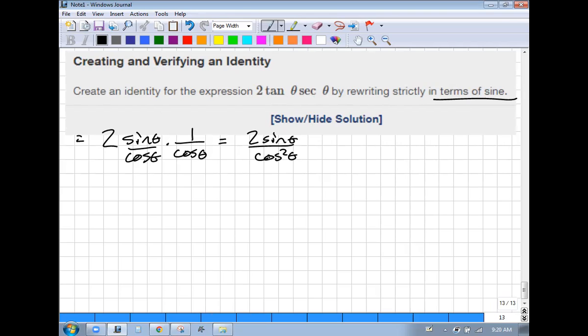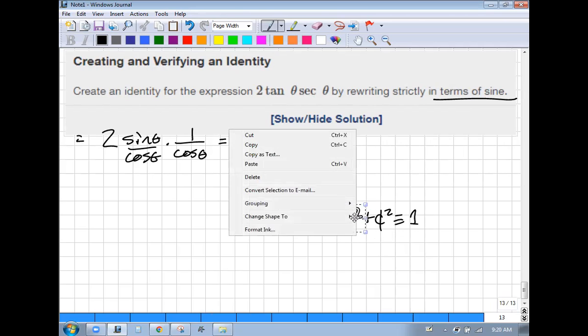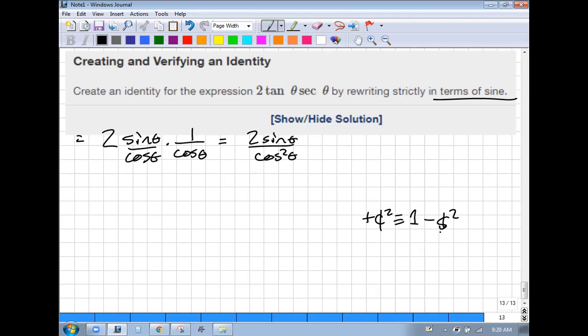Anytime you see cosine squared, you can turn it into sine squared because sine squared plus cosine squared is 1, right? So if I move this over here, I know that I can rewrite it as 1 minus sine squared. So yeah, problem solved. They wanted everything in terms of sine alone.